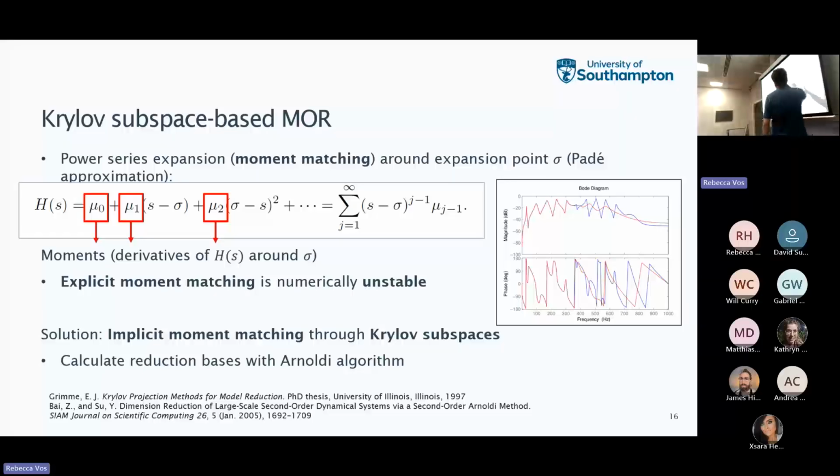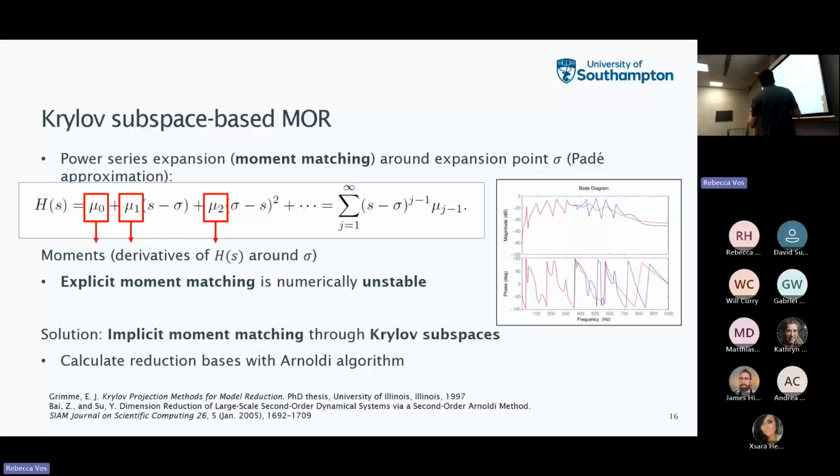This method is a bit different because it works on the transfer function instead. What we want to do is, given a certain input and a certain output, approximate the transfer function, or the frequency response function, using power series expansion.